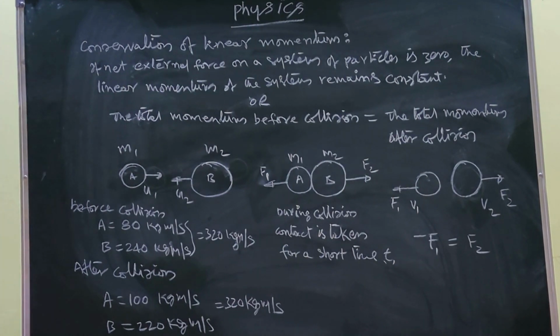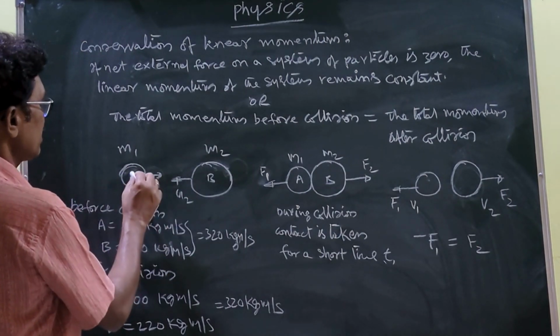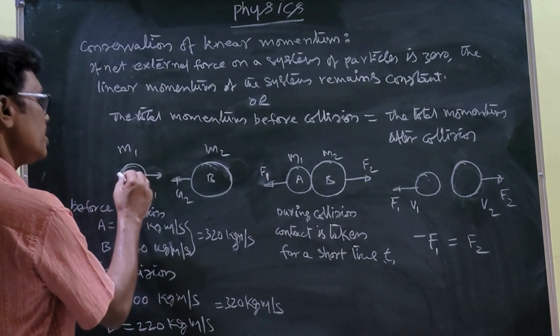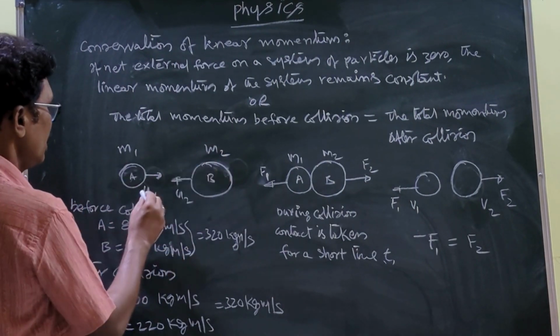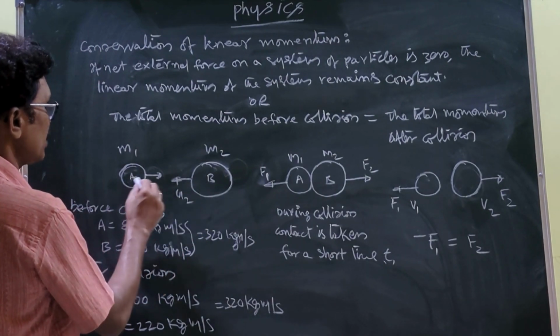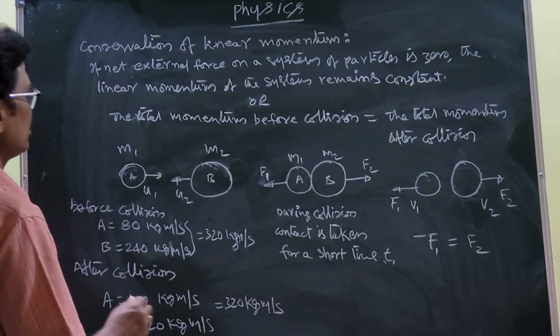The net external force is zero, and the linear momentum of the system remains constant, which means that this is one object here, another object here, let us say A and B, with no external force. The mass of A is m1, the mass of B is m2, m1 has velocity u1 and m2 has velocity u2. One moves in this direction, the other in the opposite direction.